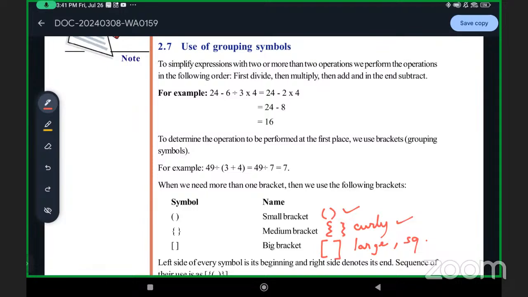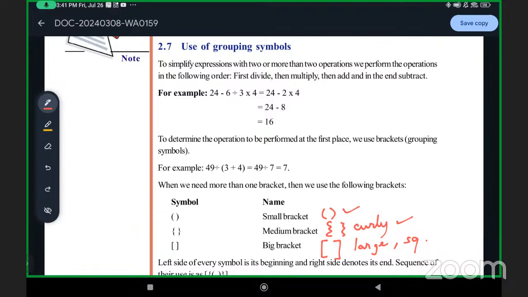So why do we need these brackets? What's the use of it? Now, suppose in a question, there are multiple things. There is addition you have to do, there is subtraction, there is multiply also you have to do. Same question, different things you have to do. So how will you know what to solve first? Which operation to solve first?